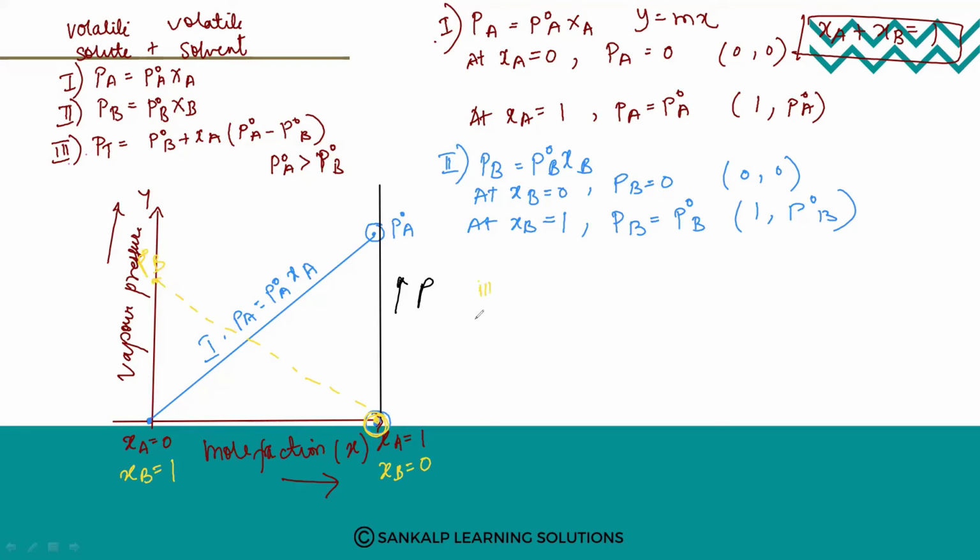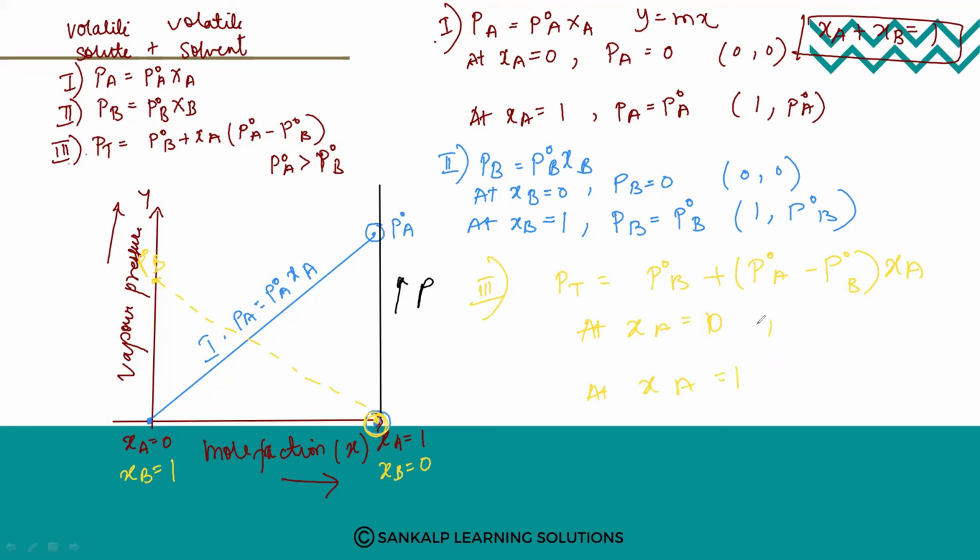Now for the third condition where you have PT equals to P naught B plus P naught A minus P naught B into psi of A. Again put the condition like psi A is equals to 0 and at psi A is equals to 1.